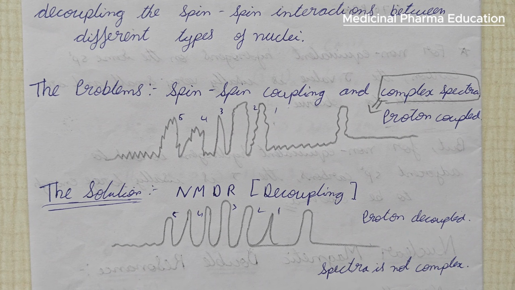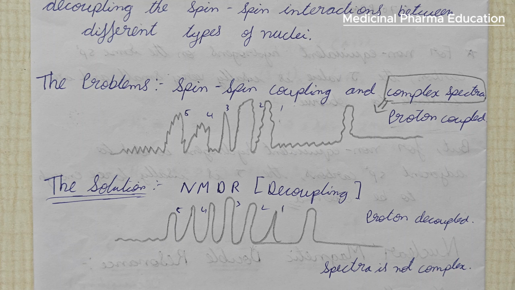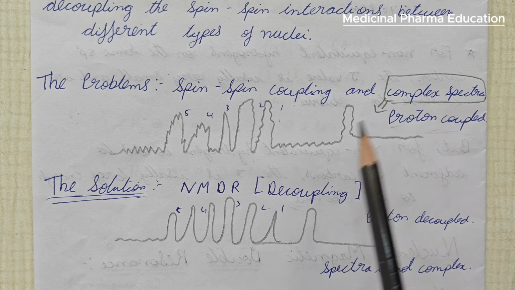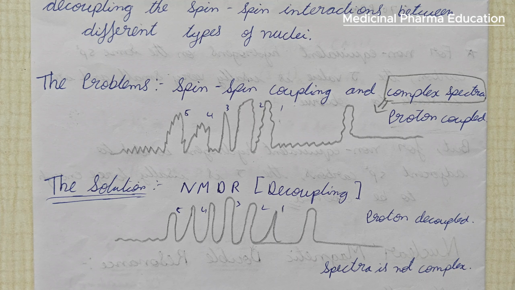The concept behind double resonance, why we use nuclear magnetic double resonance, is because spin-spin coupling is a problem which gives a complex spectrum. Okay, a complex spectrum can also be analyzed, but it is very difficult and it takes a lot of time. And the solution is decoupling or nuclear magnetic double resonance.